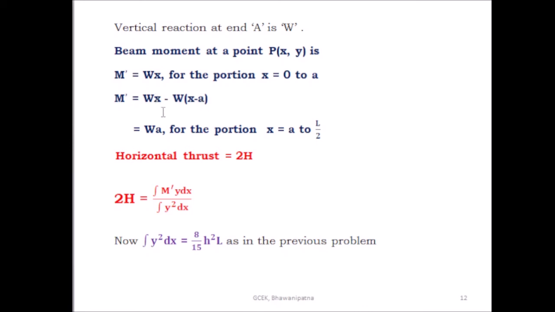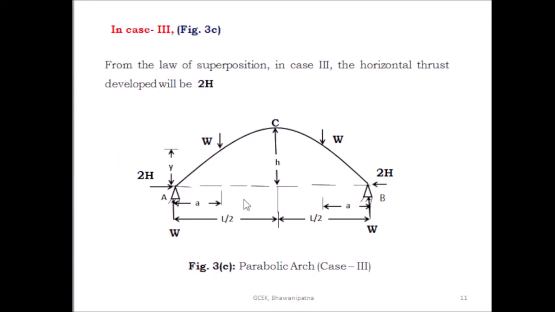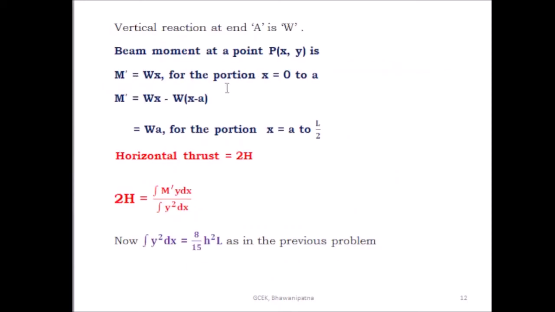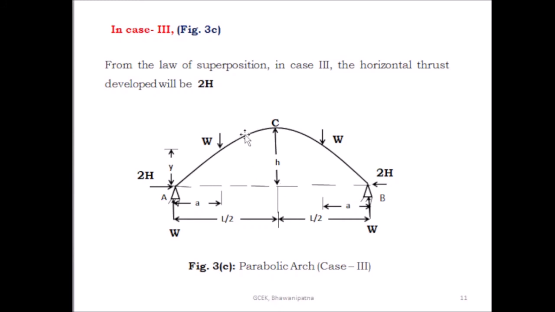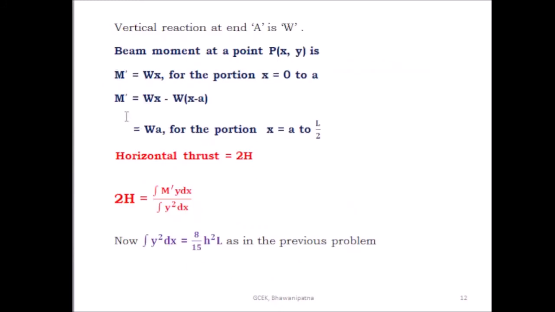So this WX cancels out, then M dash is equal to WA for the portion X is equal to A to L by 2. So between X is equal to A to L by 2, the beam moment M dash is equal to WA, and between 0 to A, the beam moment is equal to W into X. For 0 to A, the beam moment is equal to WX, and for A to L by 2, the beam moment M dash is equal to W into A.